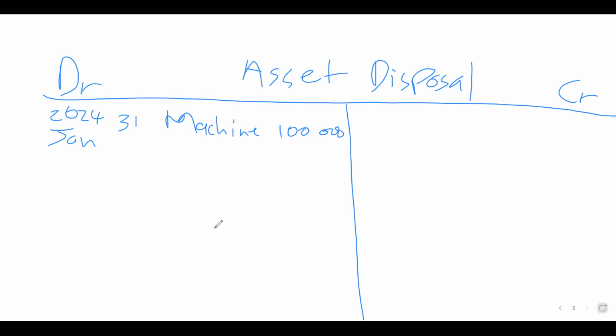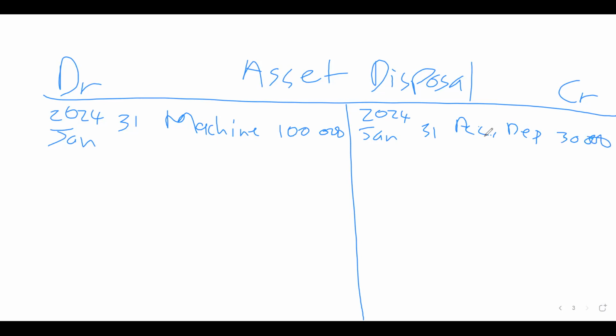Are we together? Yes. And then on the other side, what are you going to put? Accumulated depreciation. That's the first thing you're going to put. Let's assume the accumulated depreciation on this asset was 30,000.